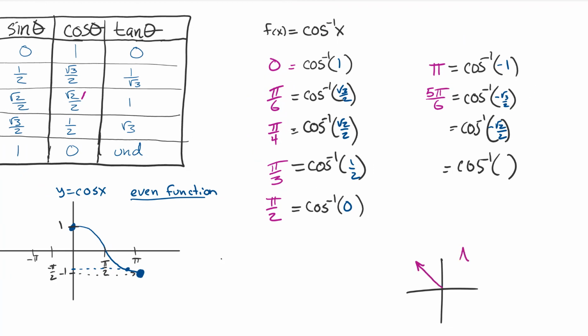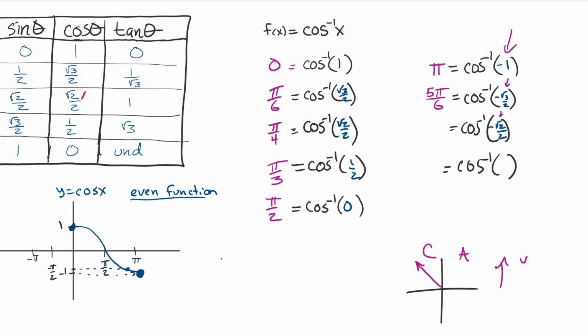Again, it goes ASTC, like all students take calculus. All of them are positive in the first, but only sine is positive in the second because cosine is negative. The inputs are negative over in the second quadrant, and that's why we pop out angles over there.